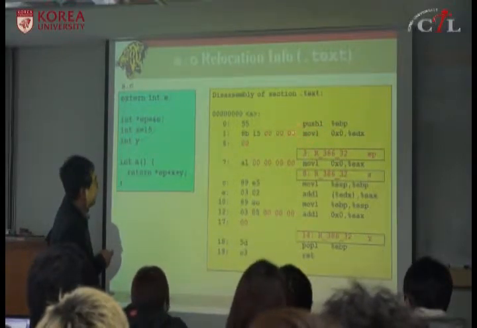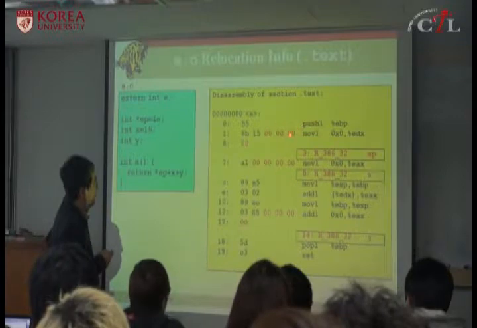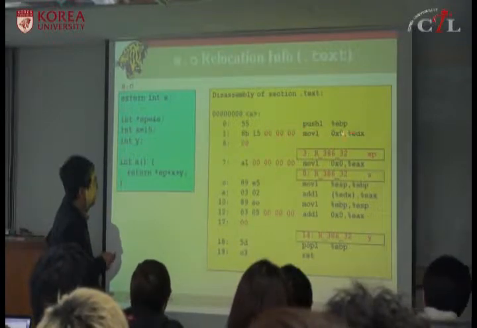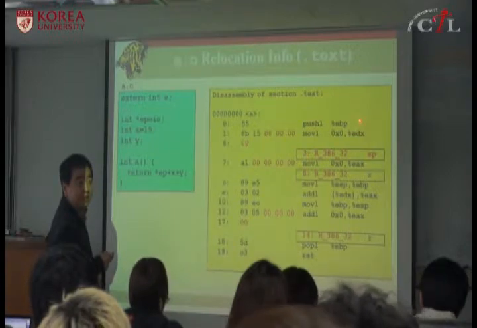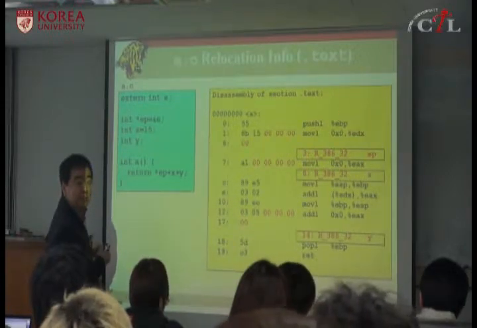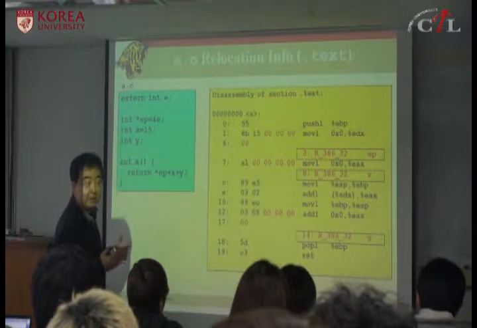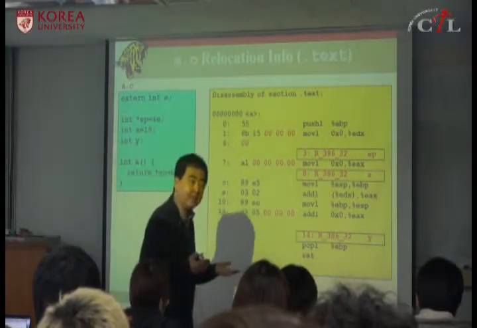From this address, it copies the data in this address into this register. Okay? So instead of load or store, they use the move instruction. Okay? Because it's not a load-store architecture.